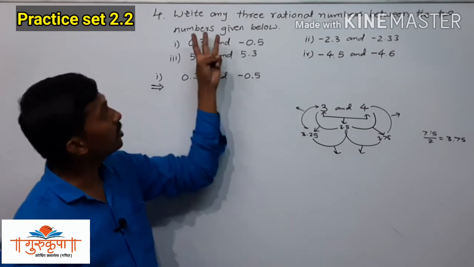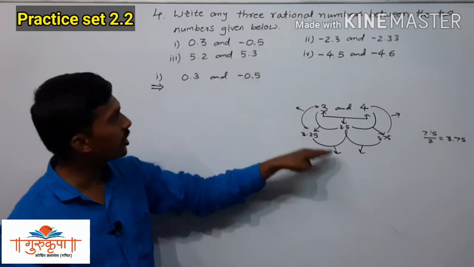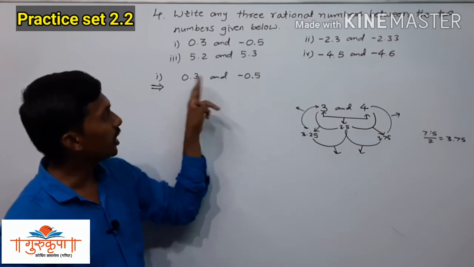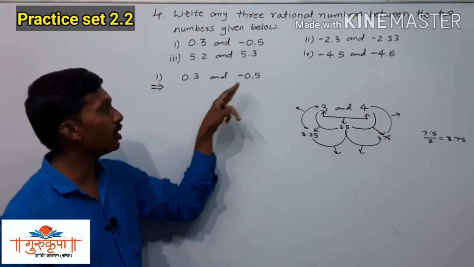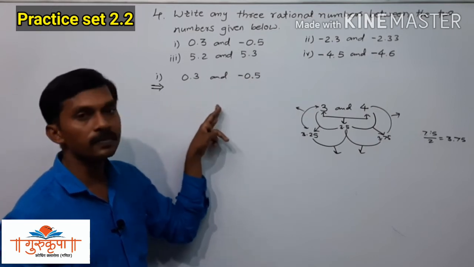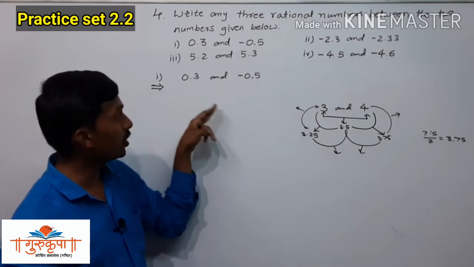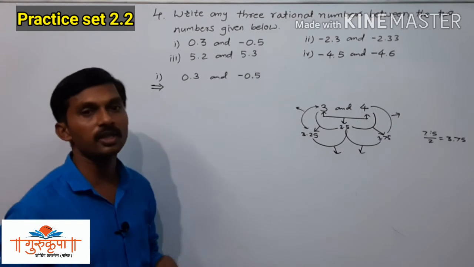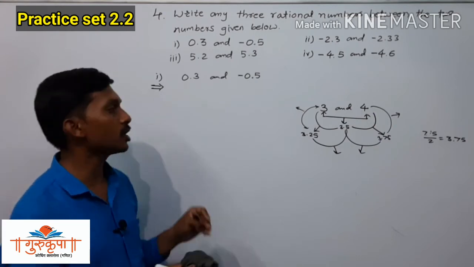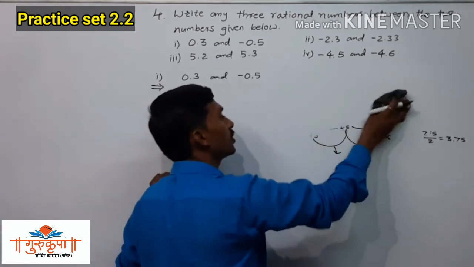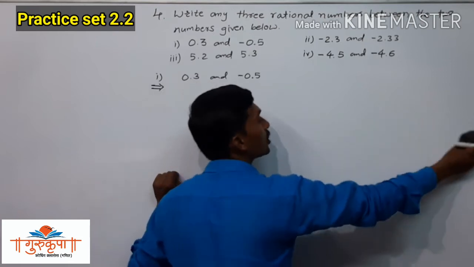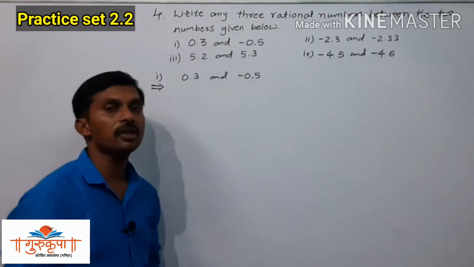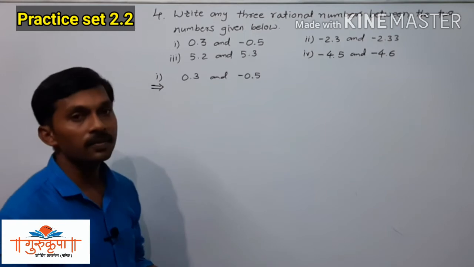You can use this technique here also: take the addition of these two divided by 2, then the sum of these two divided by 2, and then again. Three numbers we get there. You can use that method also, and we have a simple option to get the three rational numbers between the given numbers.